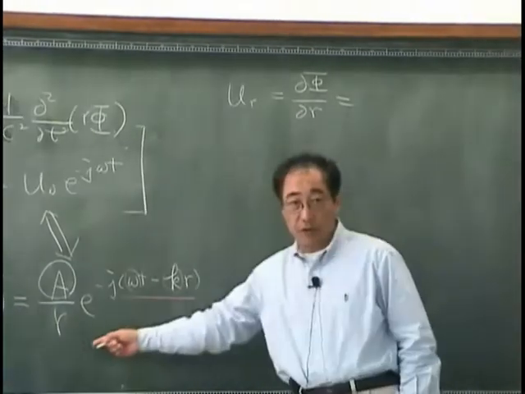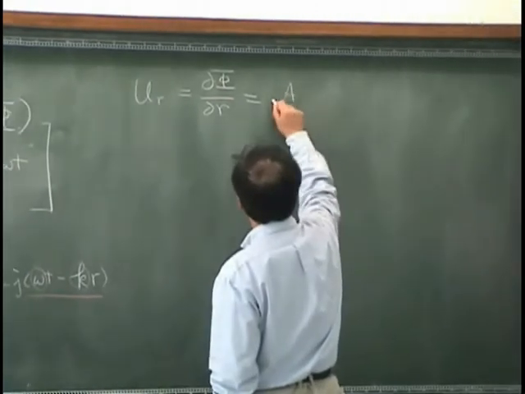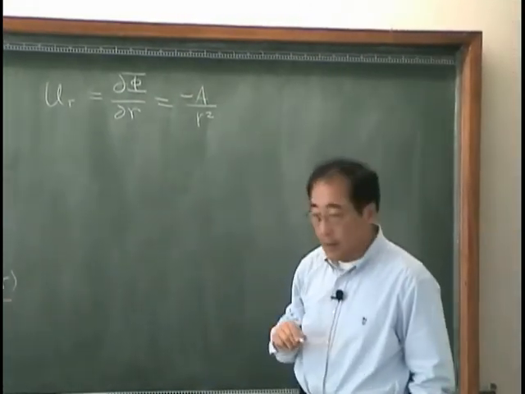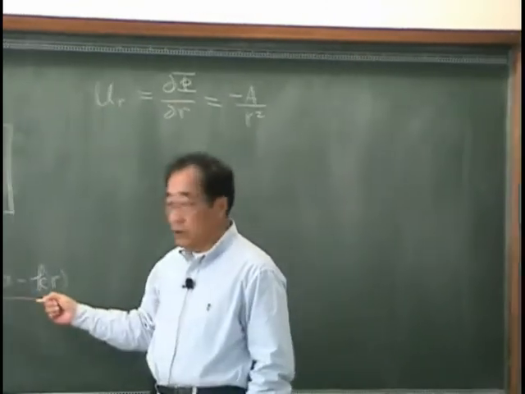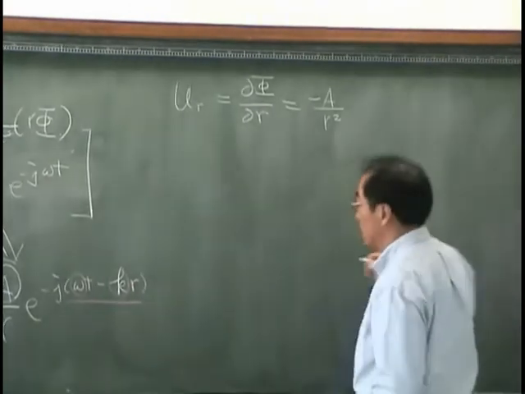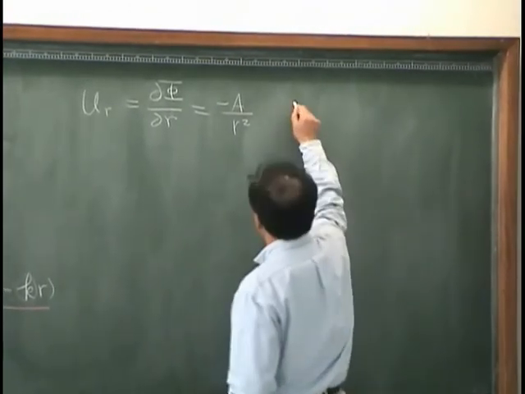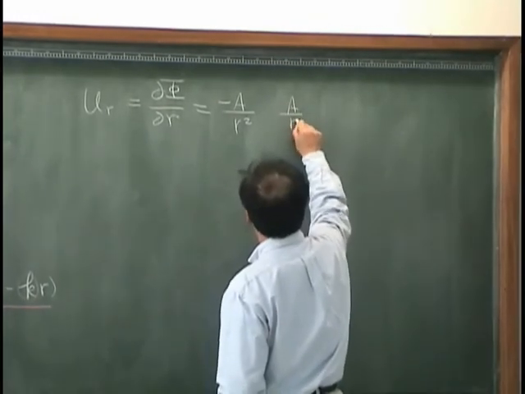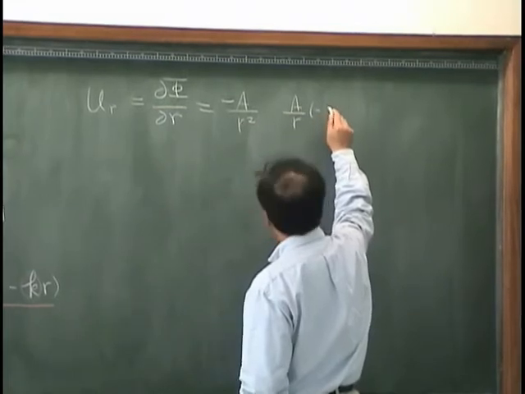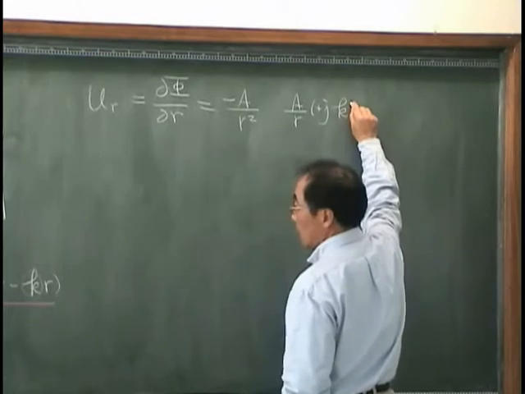So if I take a derivative first, then that will be minus A over R squared. And then I have to take a derivative with respect to R over here. That gives me what? A over R, and then minus j and minus k. Therefore, I have plus jk.